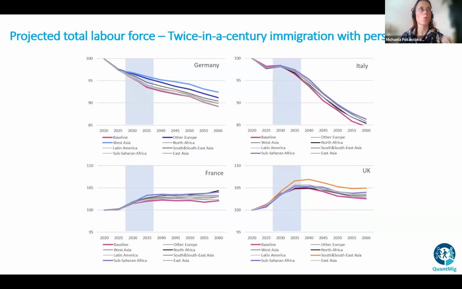So if I look into 1 year or annual shocks, basically all results are within the random noise of the model. So there is no long-term impact of this kind of high event.